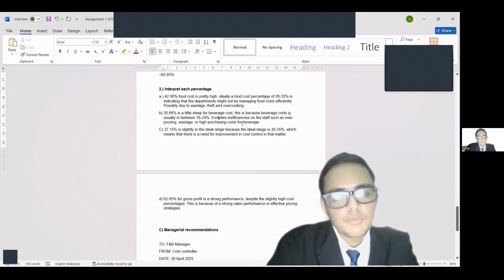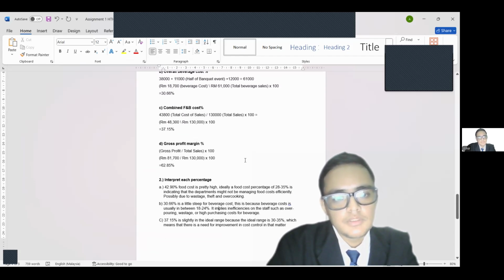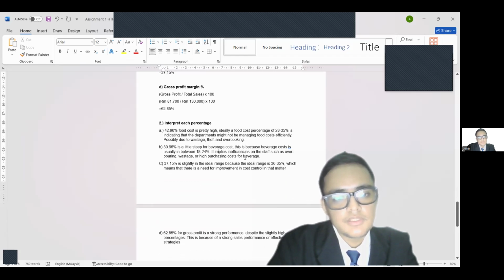Third, for the beverage cost, 30.66% is a little steep for beverage cost. This is because the beverage cost is usually between 18% to 24%.